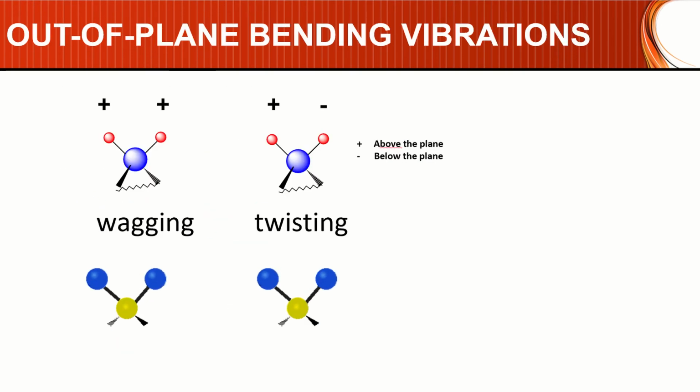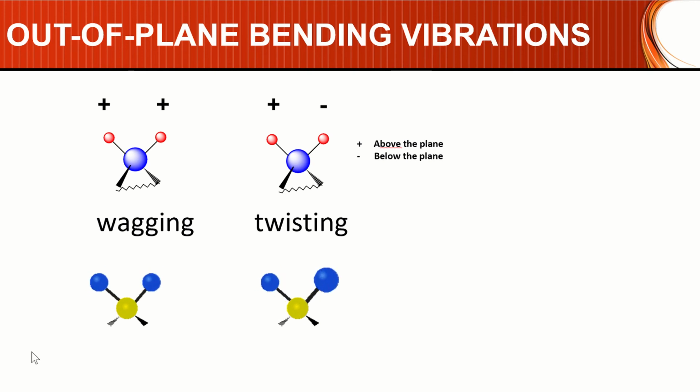So we have out-of-plane bending vibrations. And we see here where we have wagging and twisting. So twisting, I'm sure you would get if you imagine yourself twisting. And then wagging is out of plane because the two blue atoms are moving out.